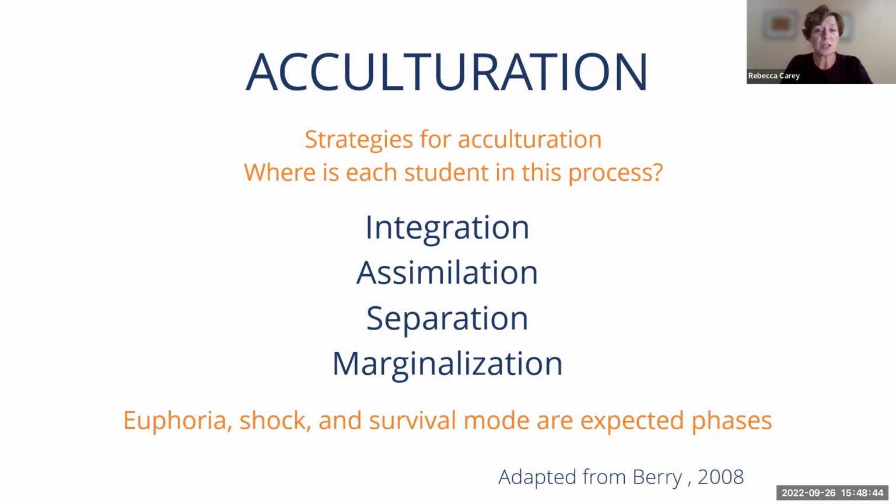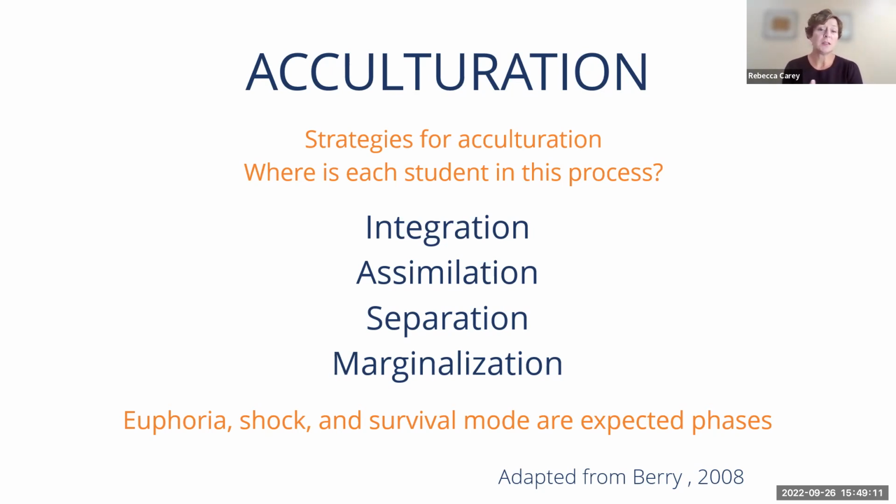Some strategies for acculturation come from a work by Berry: integration, assimilation, separation, and marginalization. Those are the main strategies that students, families, and communities use as they're looking to interact with the new culture and find their way.